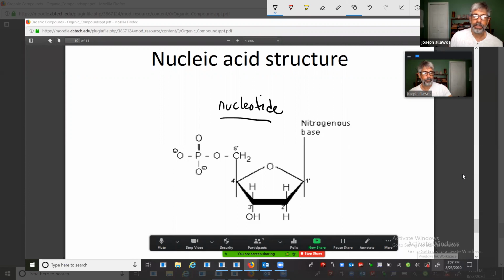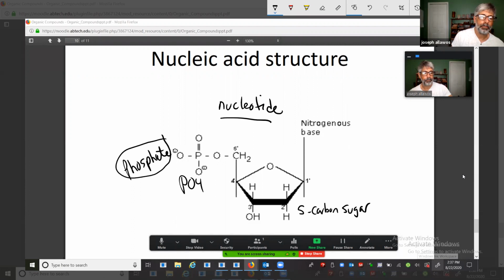Okay, a nucleotide consists of a 5-carbon sugar, a phosphate group, PO4 is a phosphate. There's another functional group for you. PO4, phosphorus and 4 oxygens. And then a nitrogenous base.